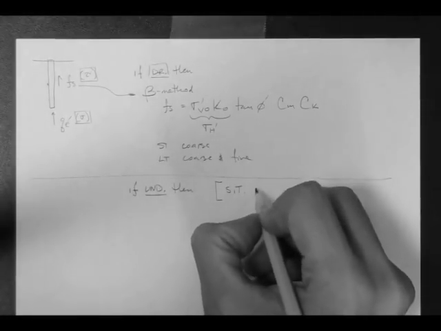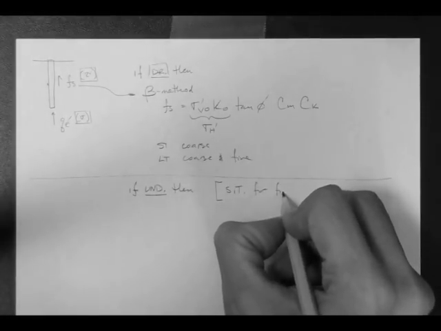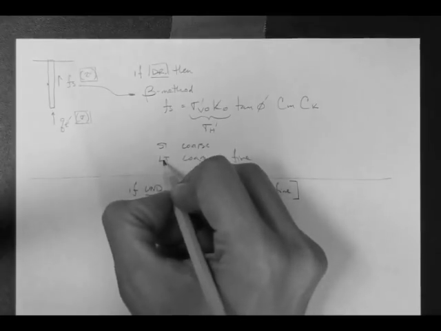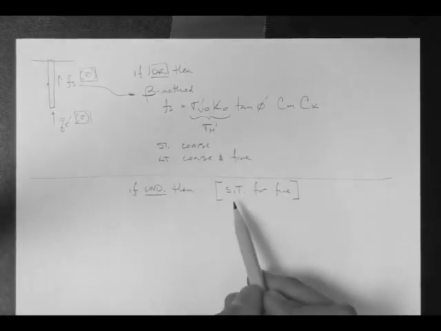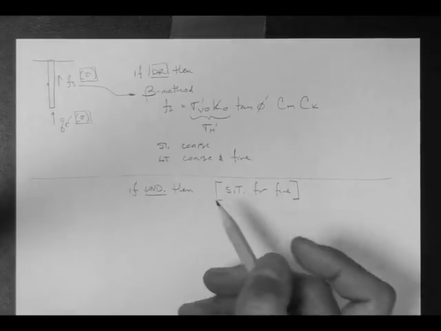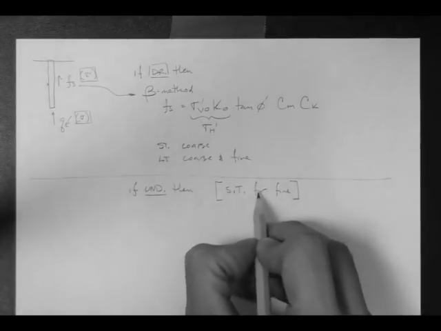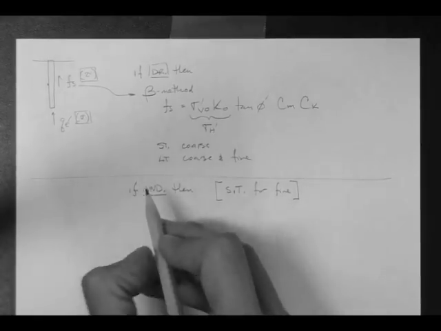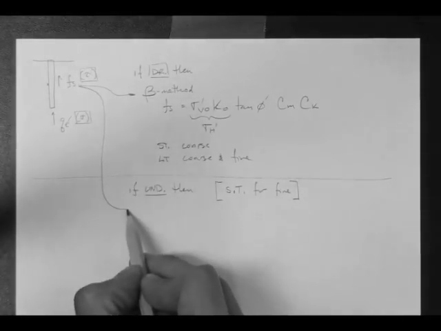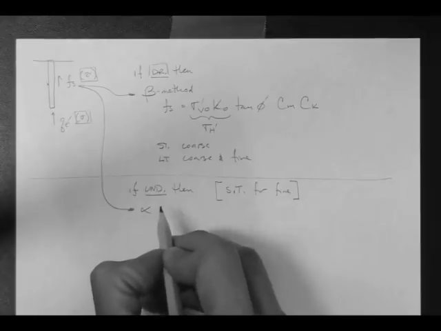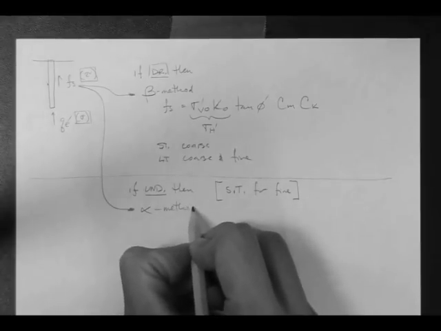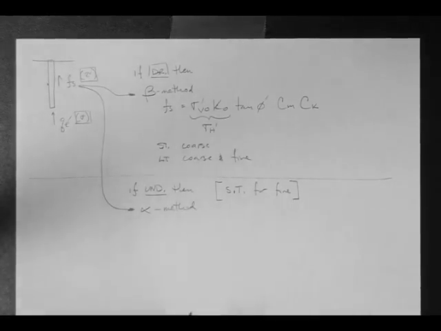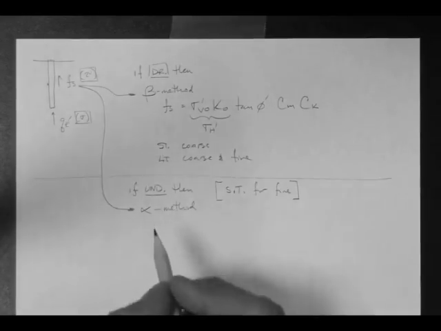So if we have undrained conditions, which only occur in the short term for fine-grained soils, then to get Fs we use the alpha method. Okay, this is the topic that we're going to be covering in this video.